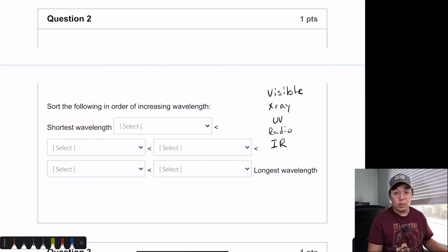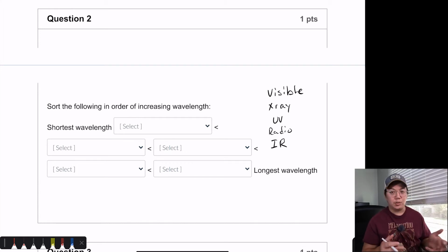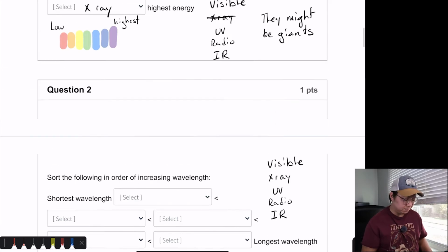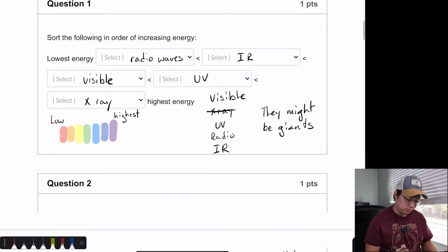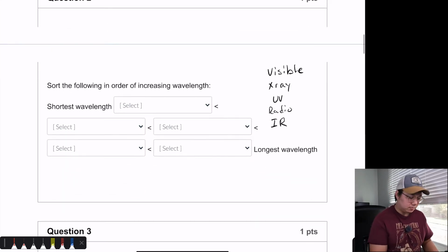Okay, so for question 2, we want to sort the following in order of increasing wavelength. So we have all of the same options here, but what I wanted to test was the relationship between wavelength and energy. So energy is inversely proportional to wavelength.